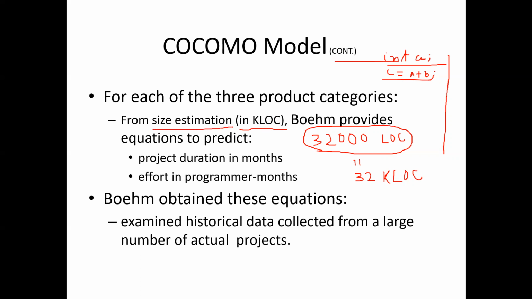So what do you have to do? First, you have to decide which category your product belongs to. Is it embedded, or semi-detached, or organic? Among these three categories, first you have to decide which category your product comes into. Fine. The first step is deciding which category your product comes into. Next you have to take as input how many lines of code you have written.